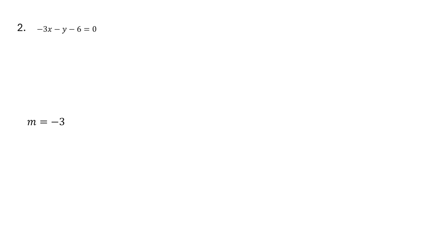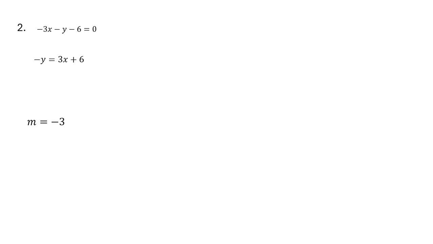All right, in this example, we're given the standard form equation negative 3x minus y minus 6 equals 0. We'll keep the negative y on the left-hand side and bring the negative 3x minus 6 over to the right, which gives us negative y equals 3x plus 6.